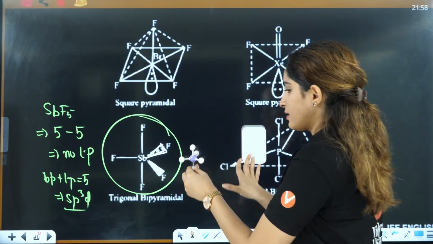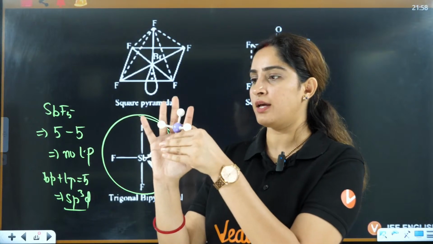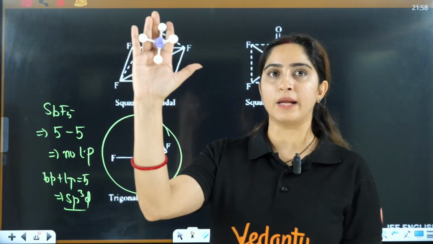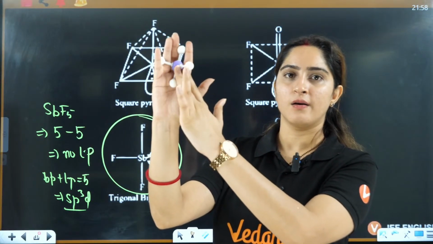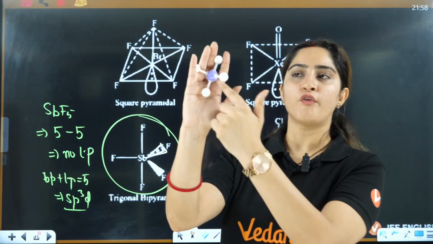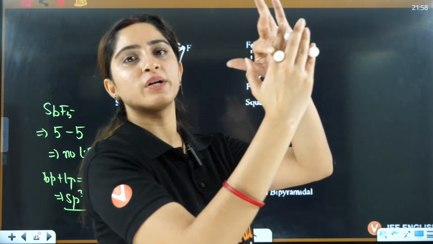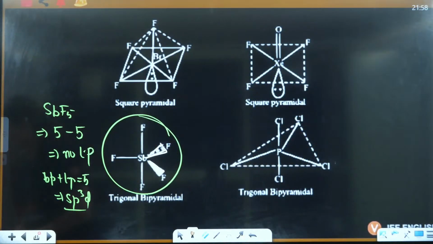If I say this is the plane, this is my hand and this is the plane, then this particular one is a solid wedge, it is outwards, or you can say it is forward, and this one is backward, so it is a dash wedge. That's how they are representing this in 3D.